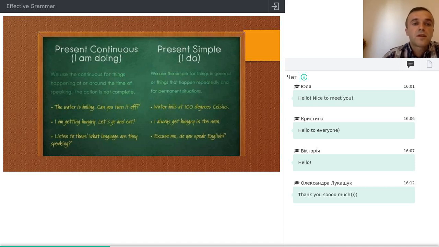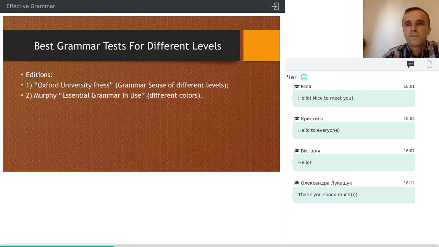So here is one example of the present continuous, and the similar example, but in the present simple, water boils at 100 degrees Celsius. You can say that here we have a regular action, and here, judging by the situation, we use the present continuous. It's very clear and very useful for students.